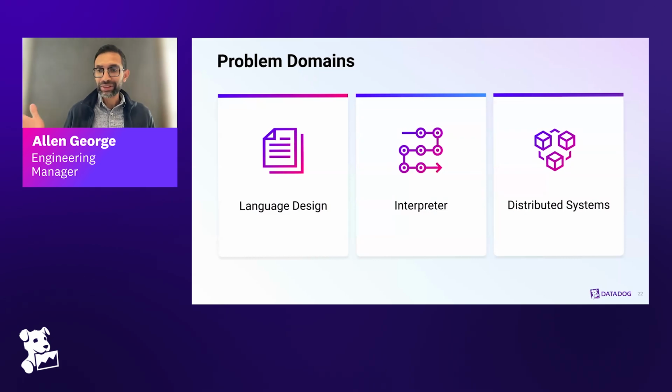So, as a product team, one of the advantages is that we can build on a lot of the work that Loïc and the team that he's working on is doing. And so we can really concentrate on the 3 problem domains that we care about, which is designing the actual workflow automation DSL, right? Designing a little interpreter to run it, which is similar to what you would do for a Python interpreter.